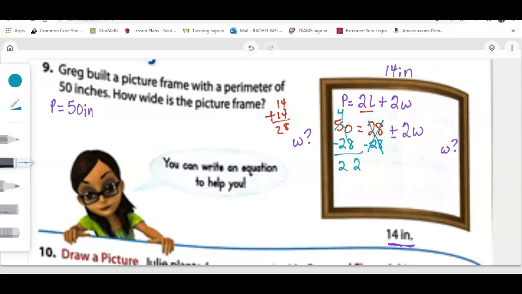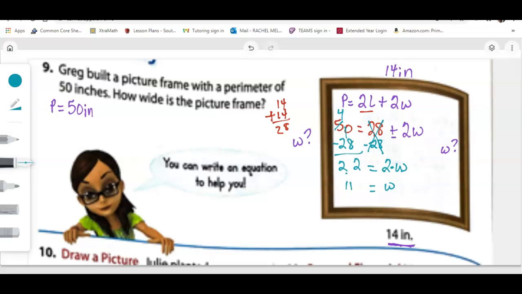That leaves me with 22 on this side and just 2W on this side. Remember, that's the same thing as 2 times W. So what number times 2 is 22? That would be 11.